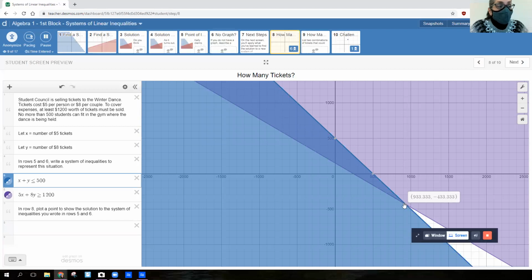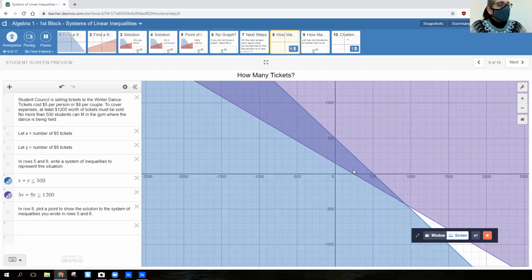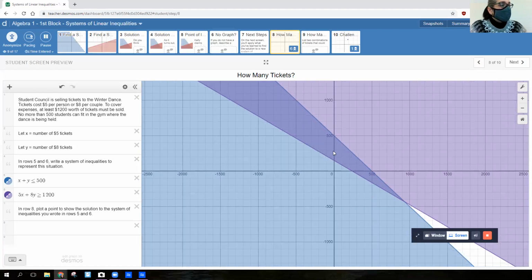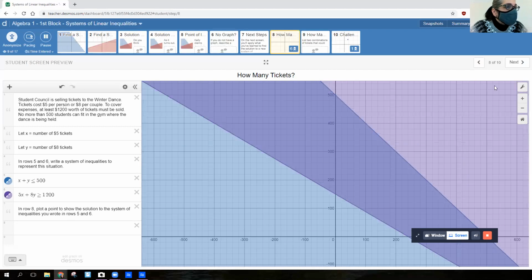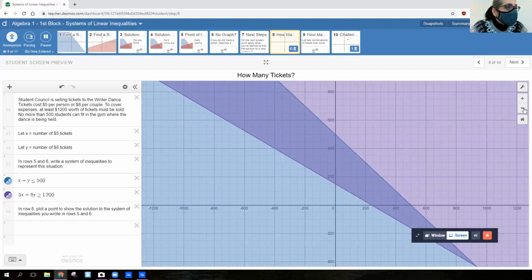Now, it's got to be a whole number. We got to pick whole numbers, guys, because you can't sell a third of a ticket. All right, so we'd have to pick something that would be a whole number in here. I think I'll click right. Wonder if that's gonna let me click. Oh, I guess what I have to do, I zoomed in a whole bunch so I could see better.